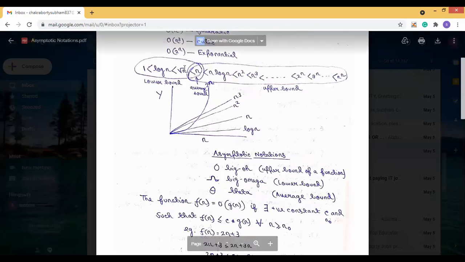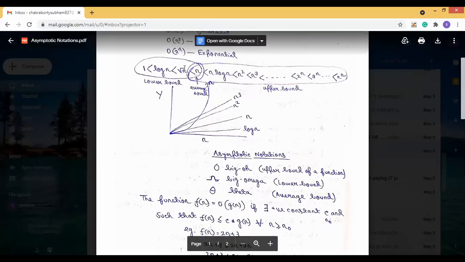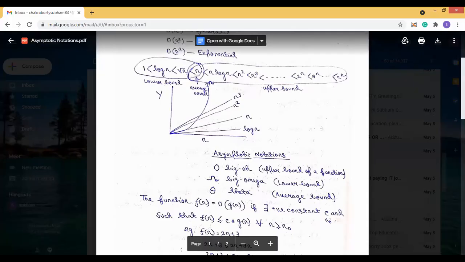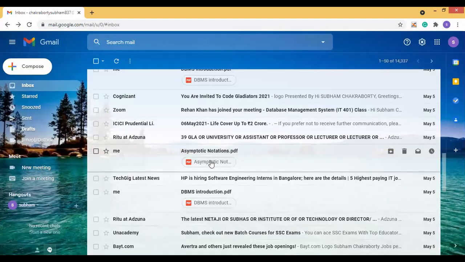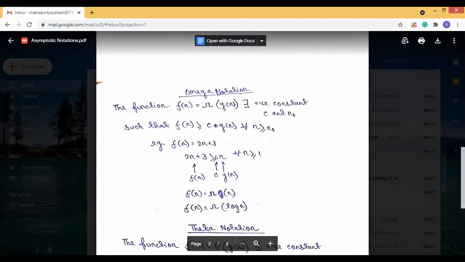But we cannot use n log n, n square, n cube, 2 to the power n, 3 to the power n, because these are all upper bounds of functions, and the upper bound of a function is used for big O notation. This is the omega notation. That is why here I have used n. You can also use log n.